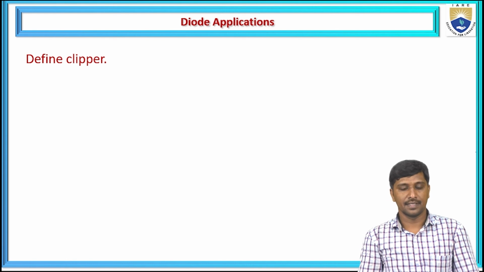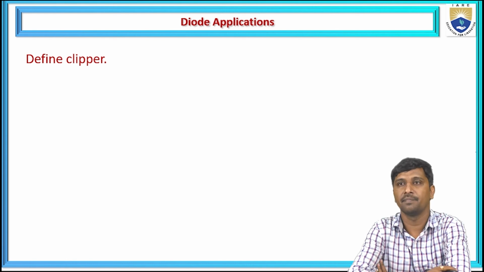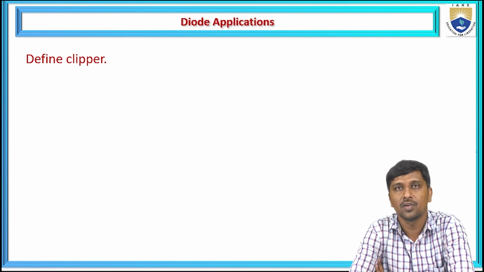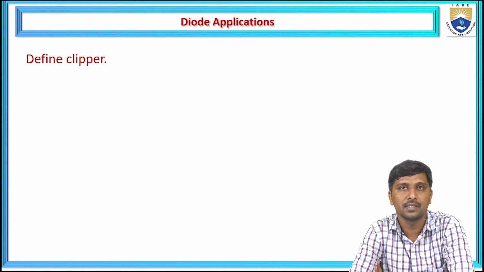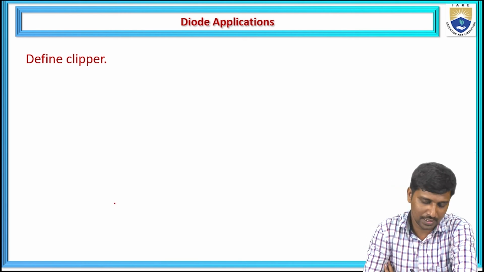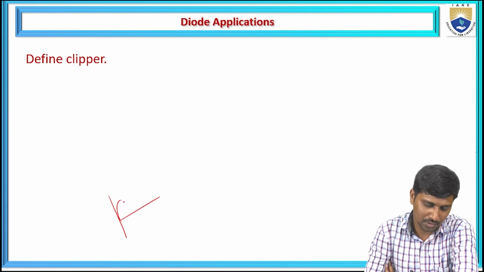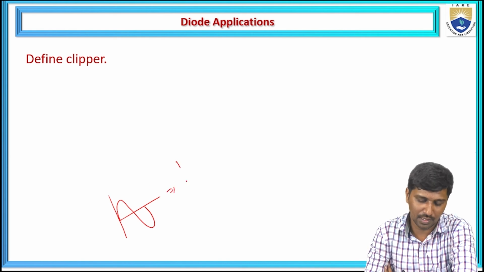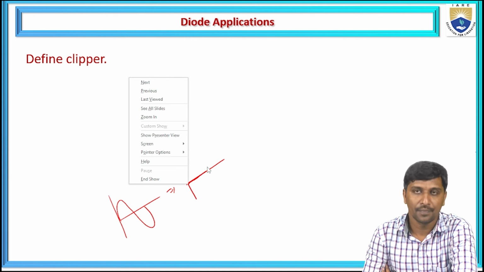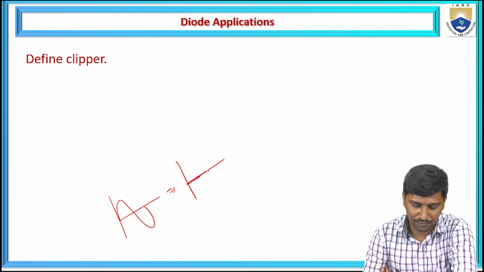Now we'll see one other application. Define clipper: it clips or attenuates some portion of the given input signal, that is, of a given arbitrary input waveform. Let us take an input signal where I need to clip some positive or negative portion. Suppose I want to eliminate the entire positive portion; the output should be like this.